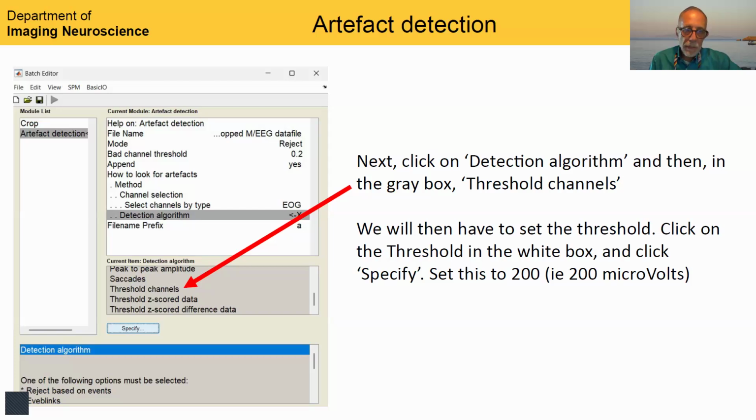Let's click on that and click on threshold channels in the gray box with the current item, and then click specify. This will give us a choice to fill in the threshold level, and we're going to put this 200, which stands for 200 microvolts.